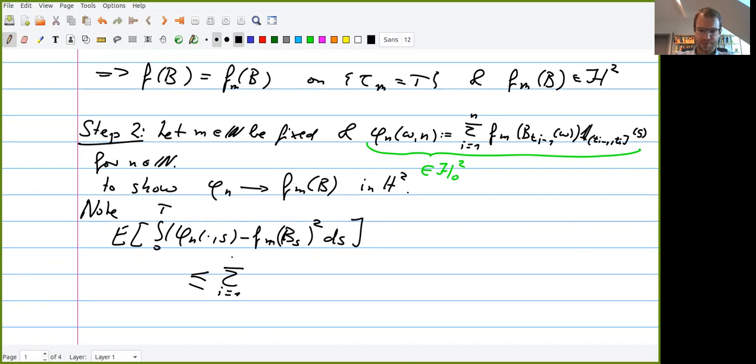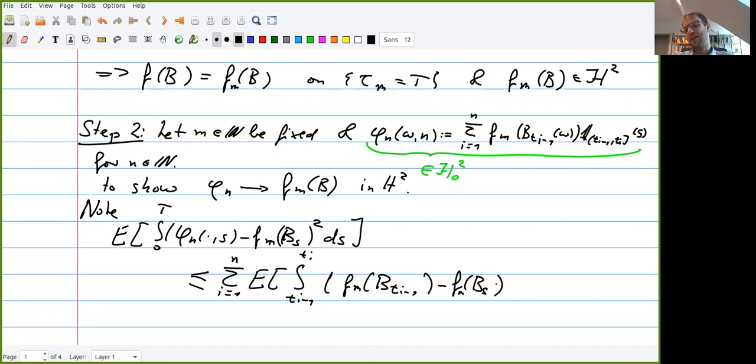So we have here a sum from 1 to n of the expected value, where now I integrate only from t_{i-1} to t_i of f_m applied to the Brownian motion at t_{i-1} minus f_m applied to the Brownian motion at time s, squared.